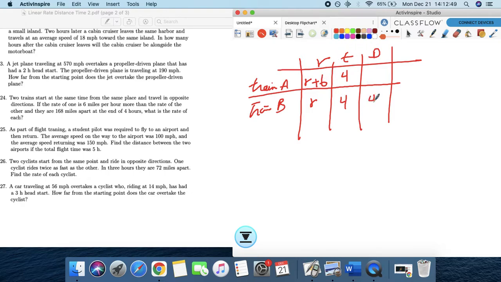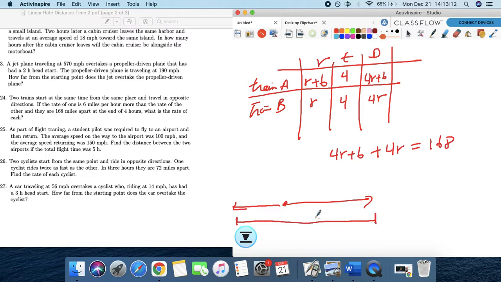So let's do this. This is 4r. This is 4(r plus 6). So their distance after 4 hours is 168 miles. Remember, one train is going this way and the other train is going this way. So whatever their distance plus the other distance, they're equal to 168. Combine like terms, 8r equals, and we throw the 6 to the other side, and we get 162.